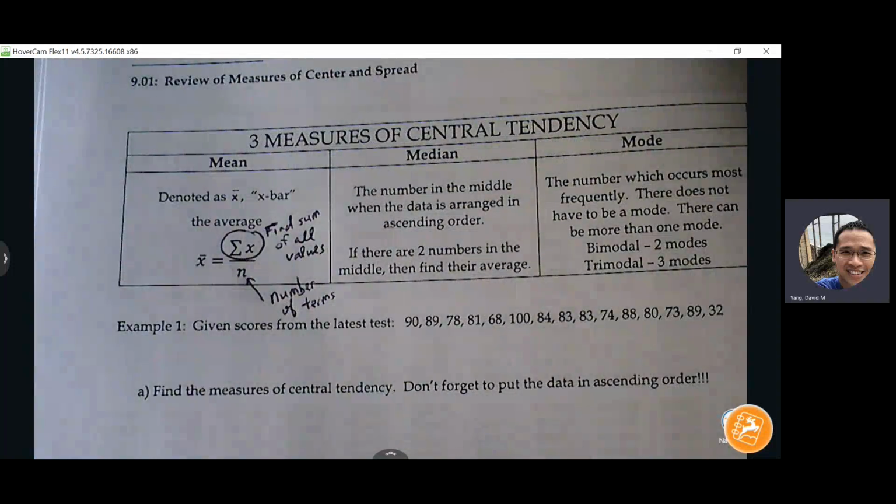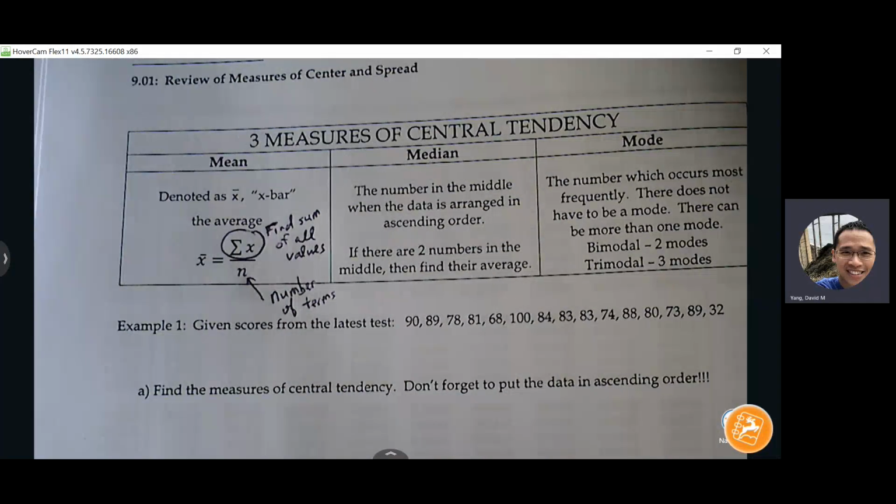An easy way for us to refer to this is test grades. If you're trying to find the average of your 5 test grades, you would add up all 5 of your tests and divide it by 5.